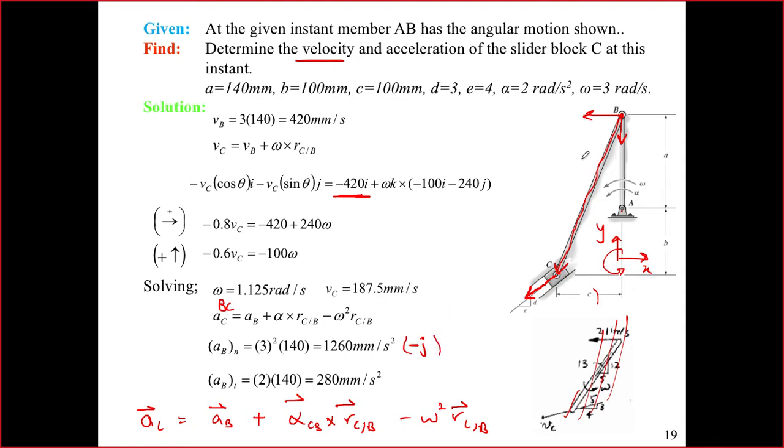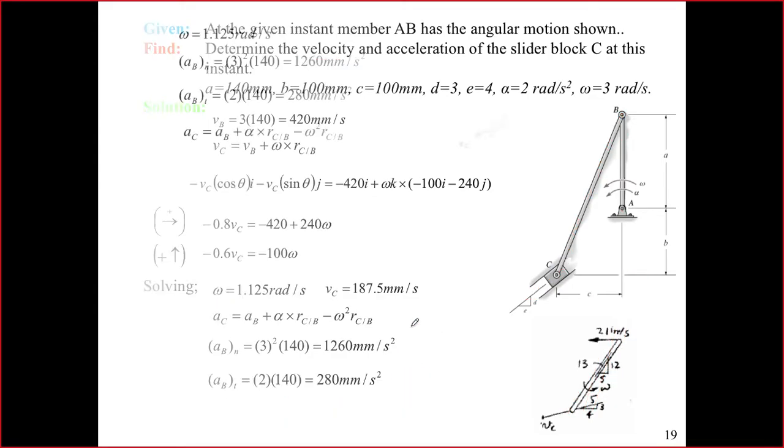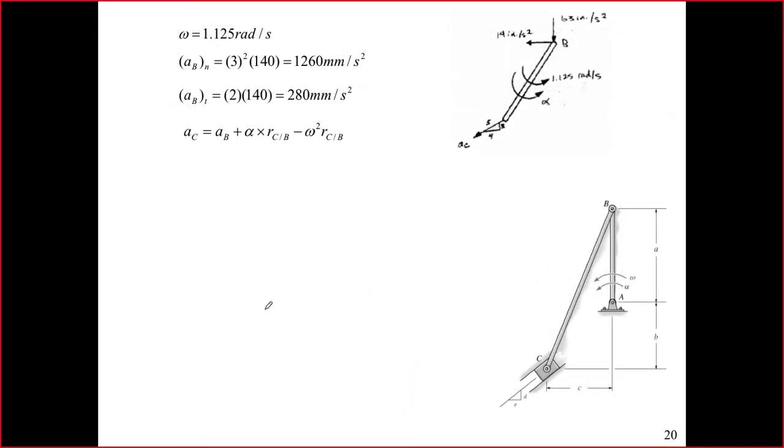And then what about the tangential component of the acceleration of B? In the direction of VB. VB की डायरेक्शन में, which is what? VB यूँ जा रही है तो minus I. Thank you.